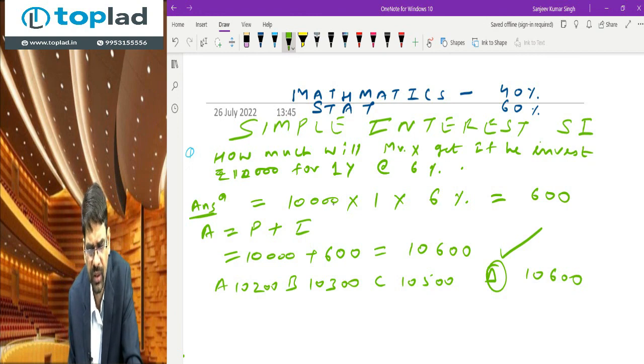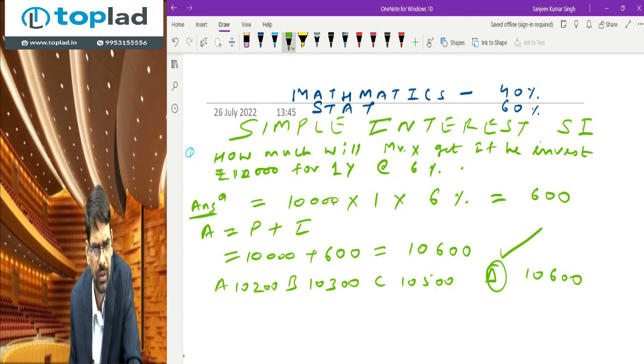This is a very simple chapter, and each and every student of my class understood the concept and understood the solution of this question. You just enjoy.